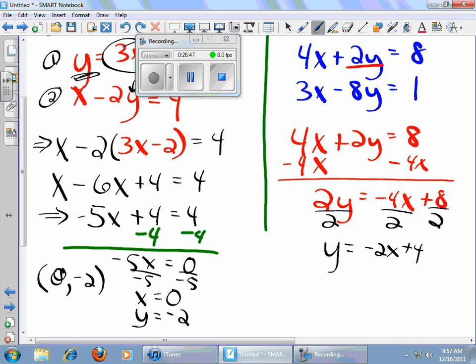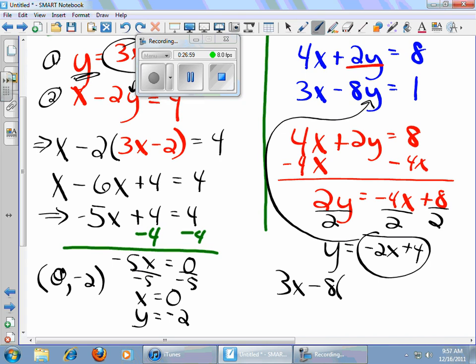Now that I have solved for y in one of the equations, it's time to substitute. Step 2. I'm going to take this and stick it in this equation for y. So I'm going to rewrite that equation: 3x minus 8 times the quantity -2x plus 4 needs to equal 1.